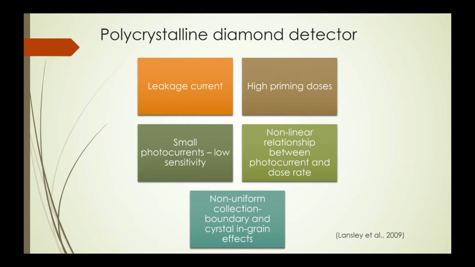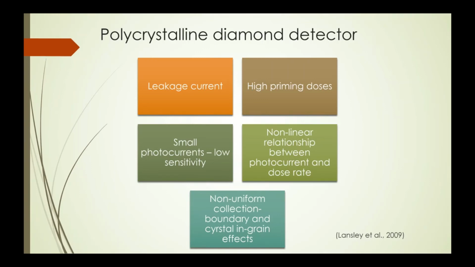It has a problem of leakage current, high priming doses, small photocurrents which lead to low sensitivity, a non-linear relationship between photocurrent and dose rates, making it less accurate, non-uniform collection boundary, and it has a crystal grain effect.